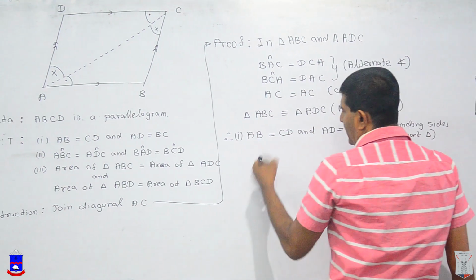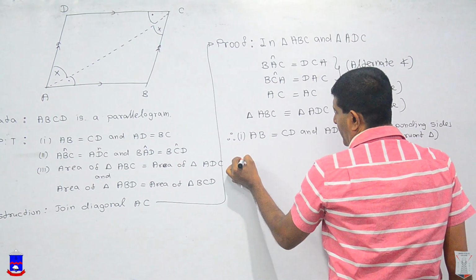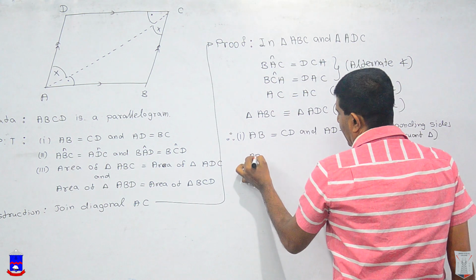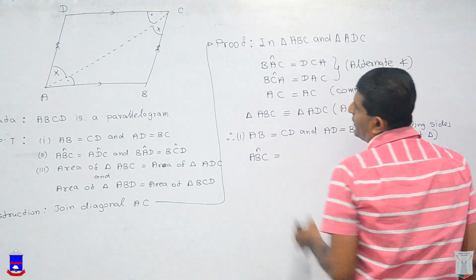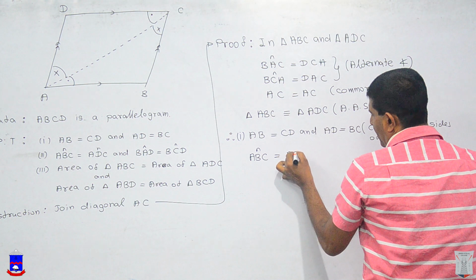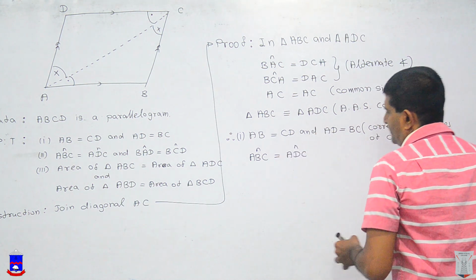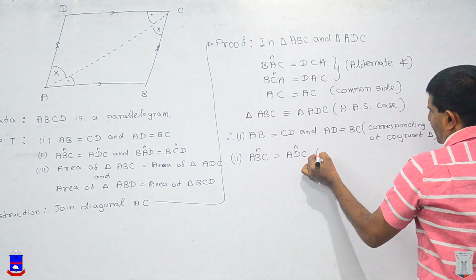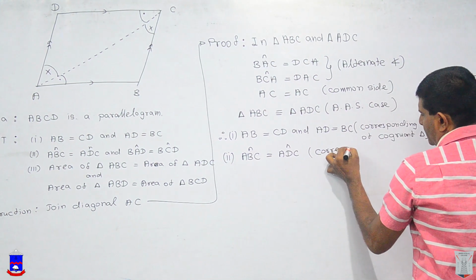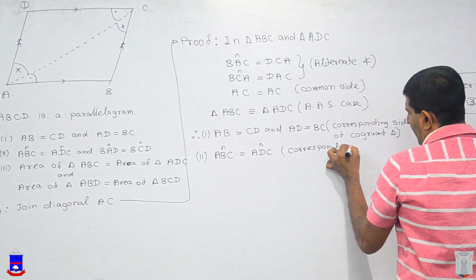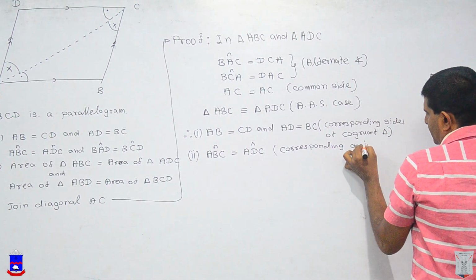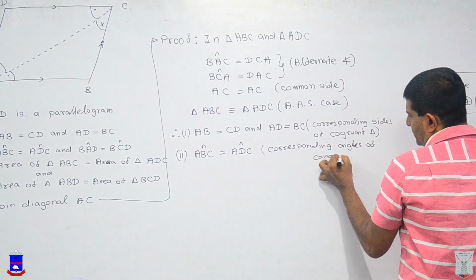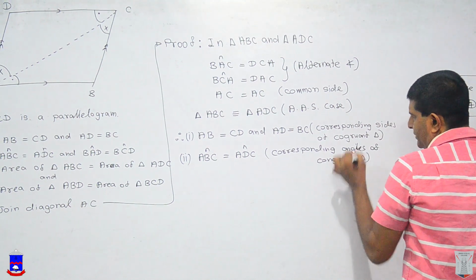Now I'll again say angle ABC equals angle ADC. Our second thing, the reason for this one is corresponding angles of congruent triangles.